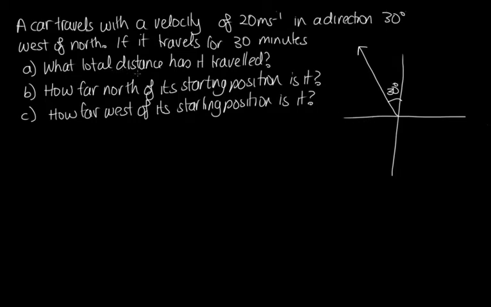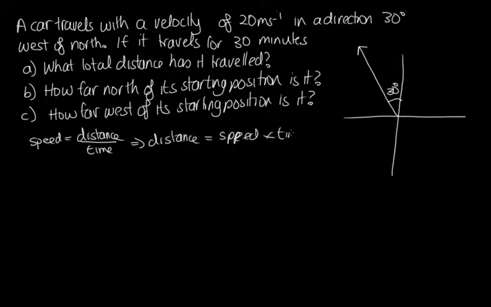And we're asked, what total distance has it travelled? Well, we know that speed is equal to distance over time, which tells us that distance is equal to speed times the time.